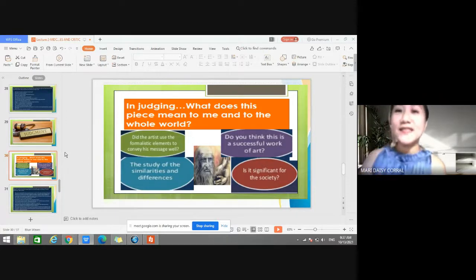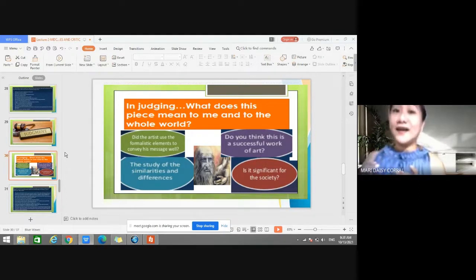Okay, in this part or step in trying to come up with your art critique, what does this particular art mean to me and what does this particular art mean to the world? So when you judge, you may ask this question: did the artist use the formalistic elements to convey his message well?